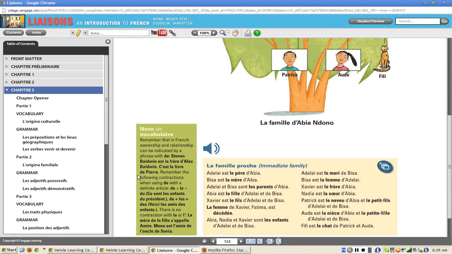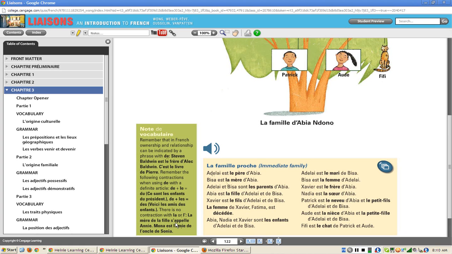If you were looking, for example, at the night that President Obama received his second nomination at the Democratic Convention, you would see Obama with his two daughters, and you would say, voilà, c'est Malia et Sasha. Ce sont les enfants du président Obama.